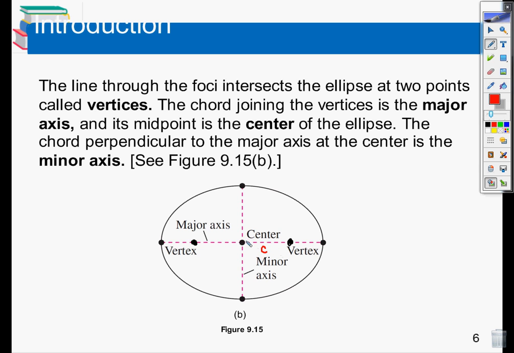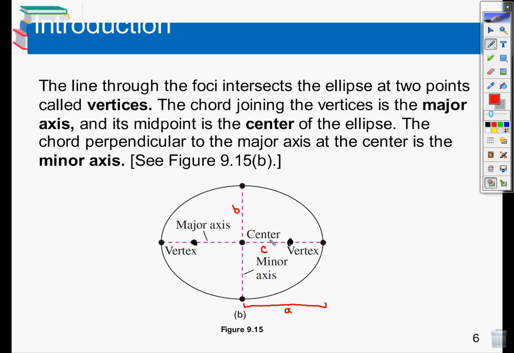And then the length from the center along the minor axis to the edge, we'll call that a length of b. And let's call the length from the center all the way along the major axis to the edge, so it's going to be this much, this entire thing, we'll call that a. Alright, nice and easy, a, b, and c.